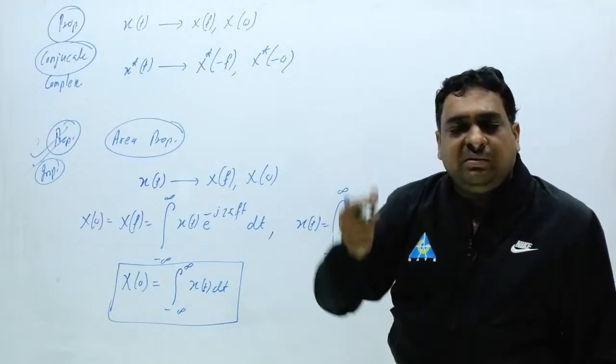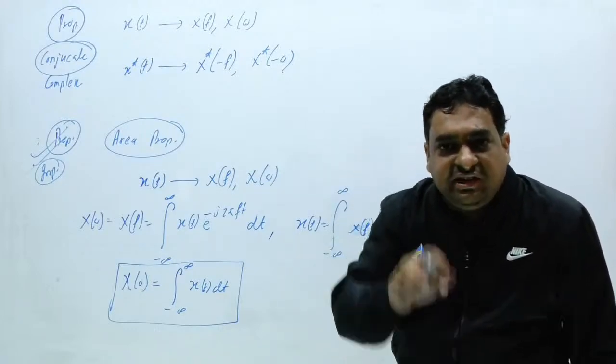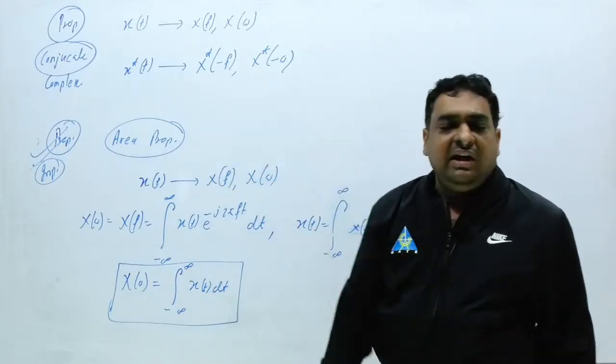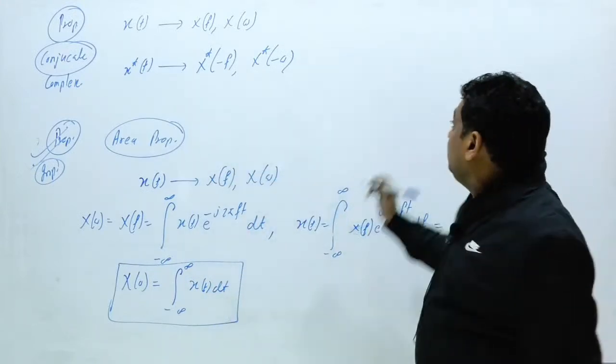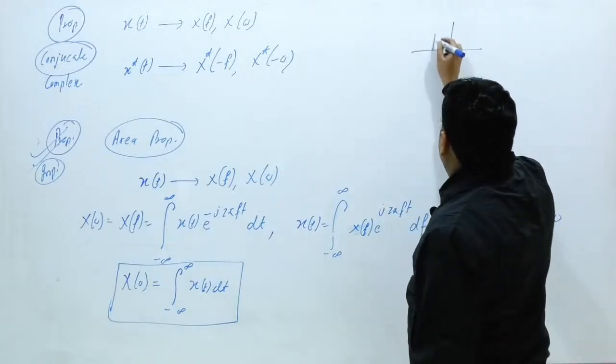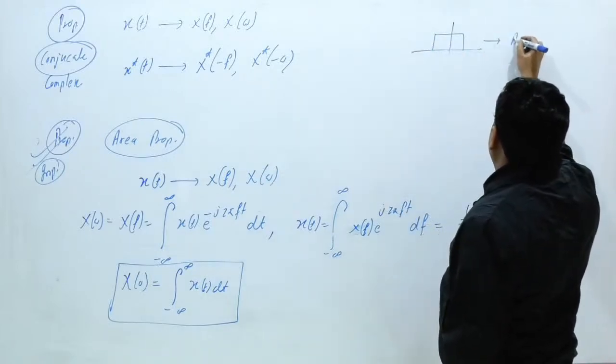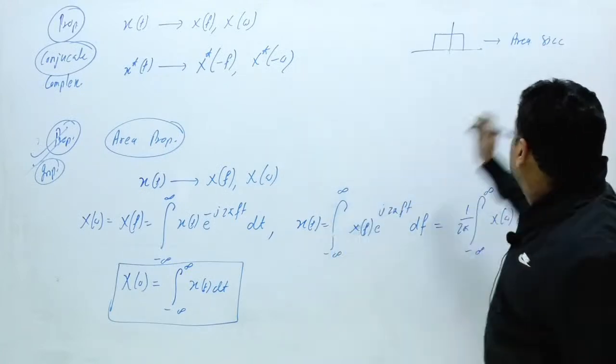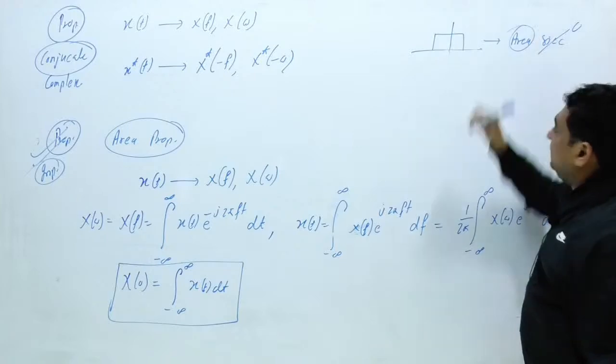So the Fourier transform at 0 is always the area of the time domain signal. That's why you always get the Fourier transform as area into sinc, and you know sinc 0 is 1, and you are getting this area.